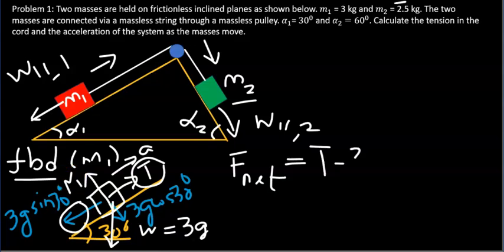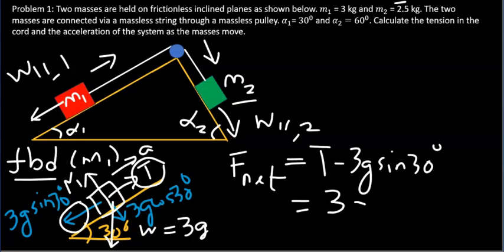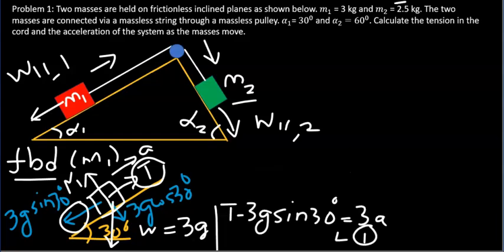So tension minus 3g sine 30 degrees. But we know, according to Newton's second law, net force equals mass times acceleration. The mass of m1 is 3 kg and acceleration is a. So we have the first equation to work with. 3a equals T minus 3g sine 30 degrees. Equation 1. So the first equation has been written down here.